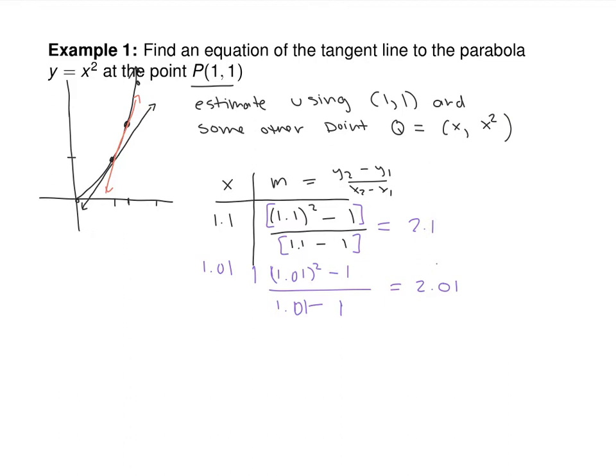So what do you think is going to happen when you plug in 1.001? You get 2 zeros and then a 1, right? So what do you think this m is getting close to as these x's get close to 1? It's getting close to 2. So as x goes to 1, m appears to go to 2.